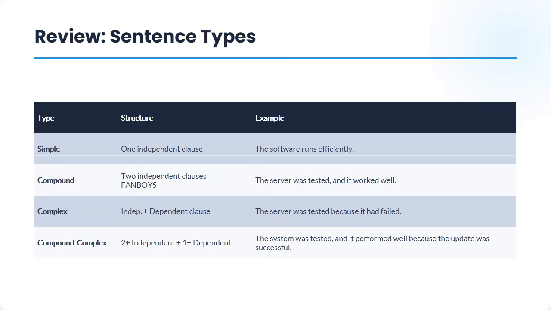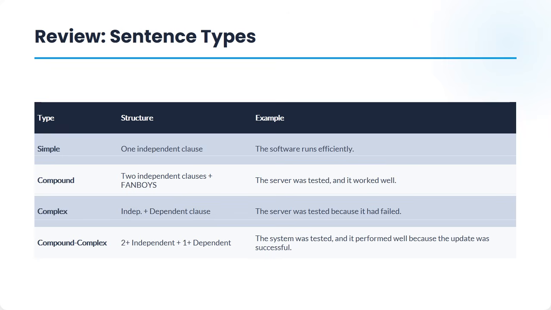Okay, so if we combine a compound plus complex sentence, it is called a compound-complex sentence. It is two independent clauses plus a dependent clause. For example, the system was tested and it performed well because the update was successful.